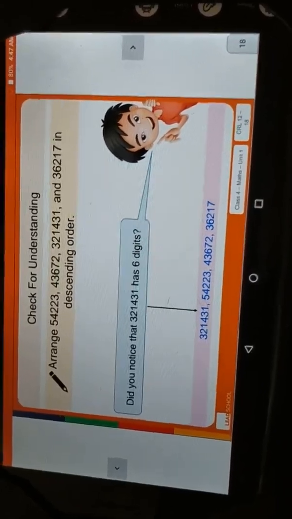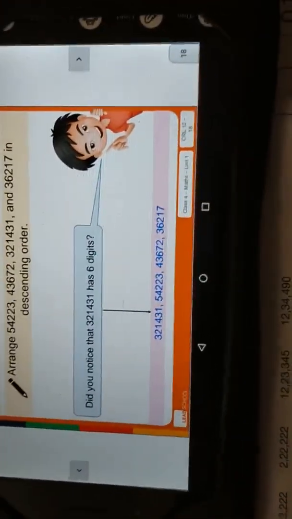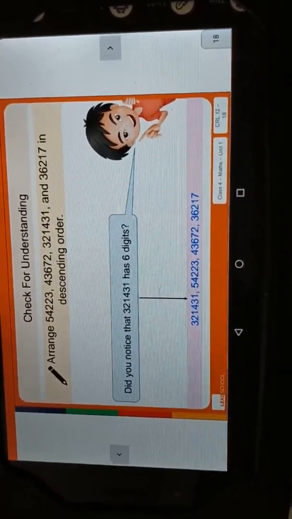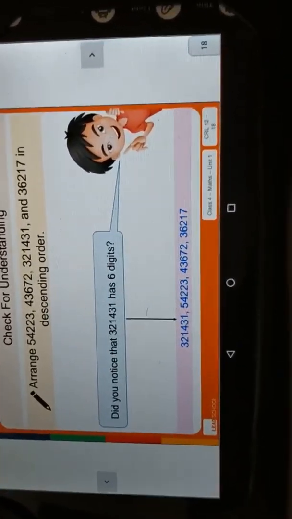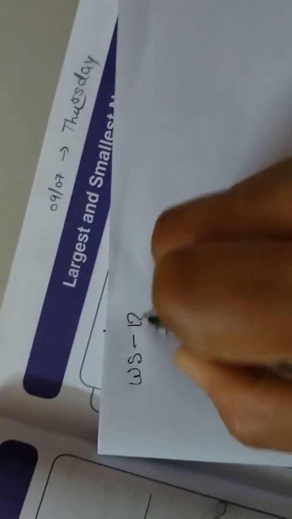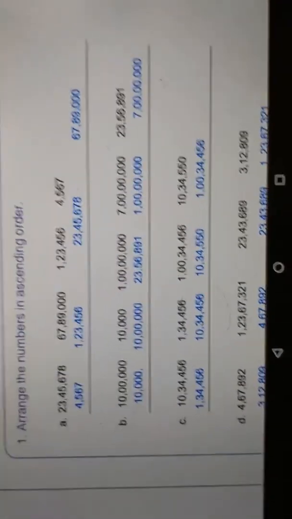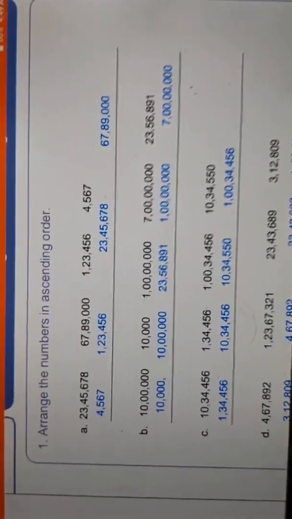Okay students, I hope your work is complete. Now students, we will start worksheet number 12. Arrange the numbers in the ascending order.